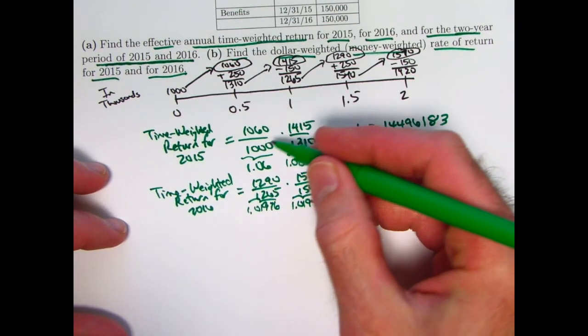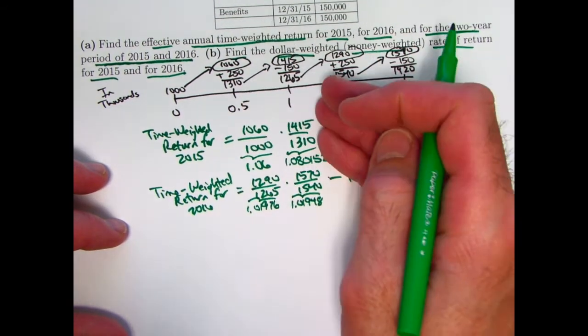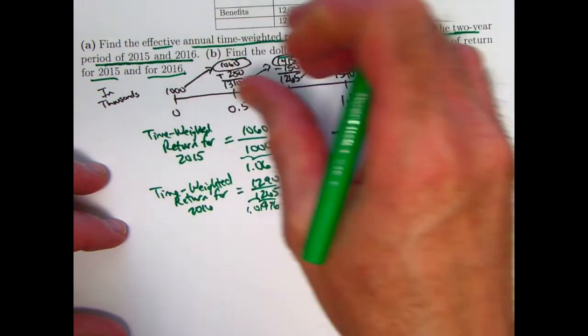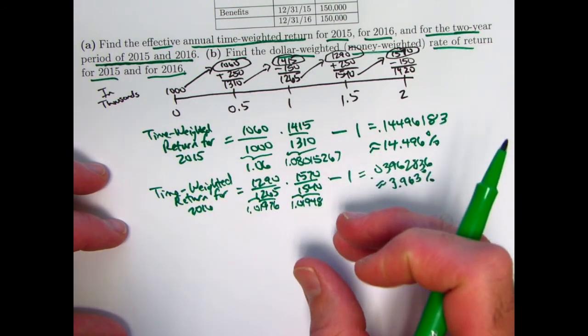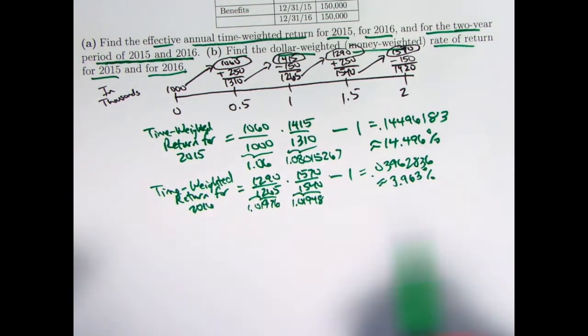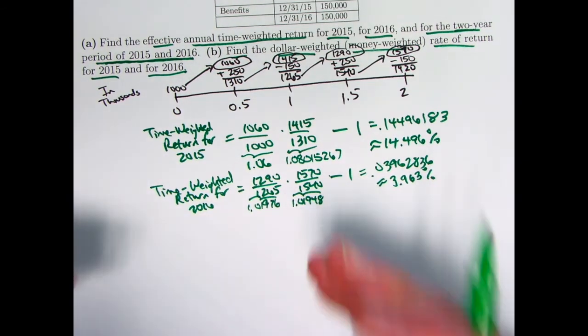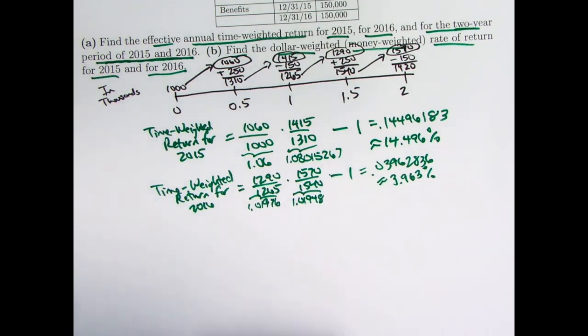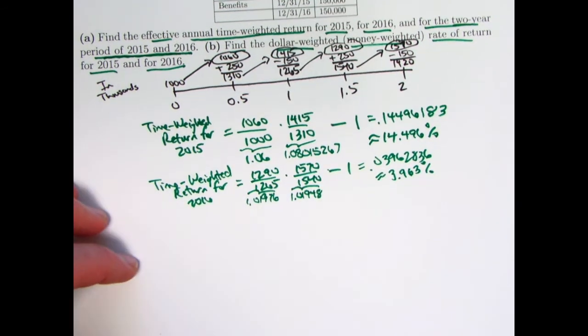And we do the same kind of thing. We figure out the percent rate of growth over each period when we're between these contributions and benefit payments, and subtract 1, find those growth factors, multiply them, subtract 1, but then we will convert that to an annualized rate in the usual kind of way, actually, at the end.